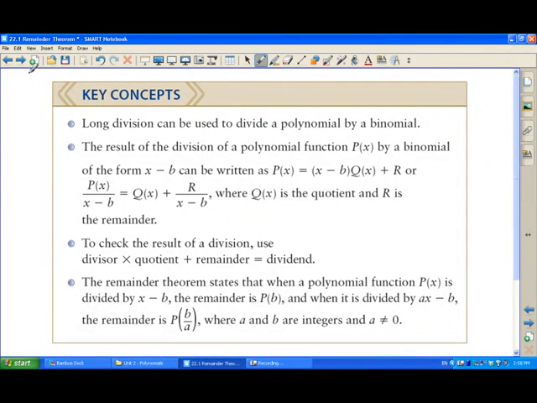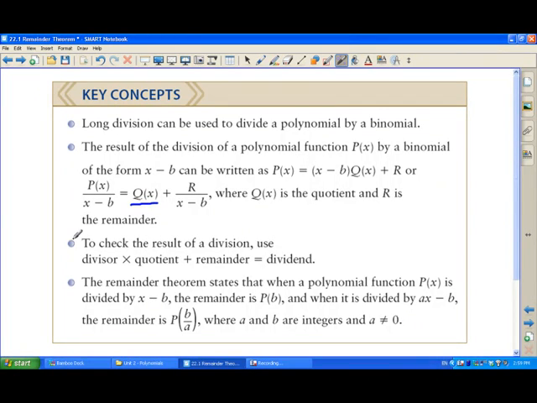So what you've learned today is how to divide a polynomial by a binomial using long division. And we've seen how we can divide by this divisor, and we can write this equation a few ways. We can use this statement to check the division, and we can also state the quotient a little bit more explicitly when we divide.